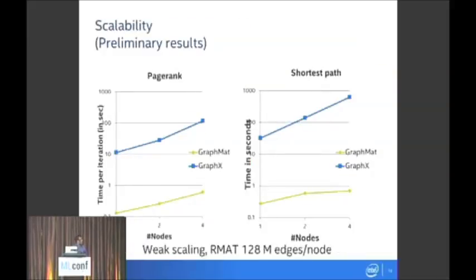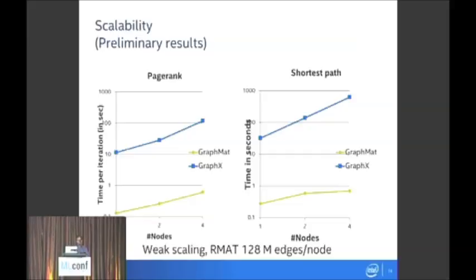Not just that, if we look at our scalability results, we did weak scaling, which means as we increase the number of nodes, we also increase the size of the graph. And we roughly kept about 128 million edges per node, and these were running on Graph 500 generated graphs. Compared to something like GraphX, this is running on the cloud, on Amazon Elastic MapReduce instances.